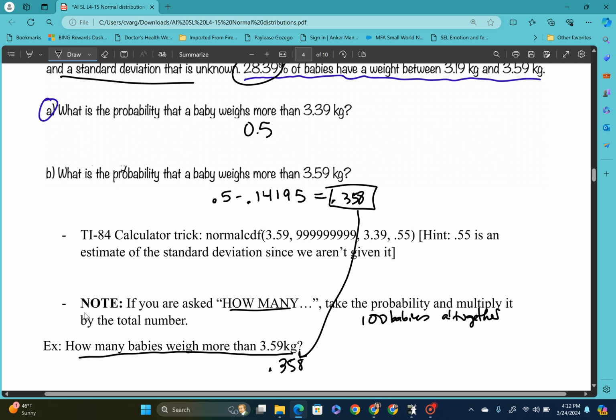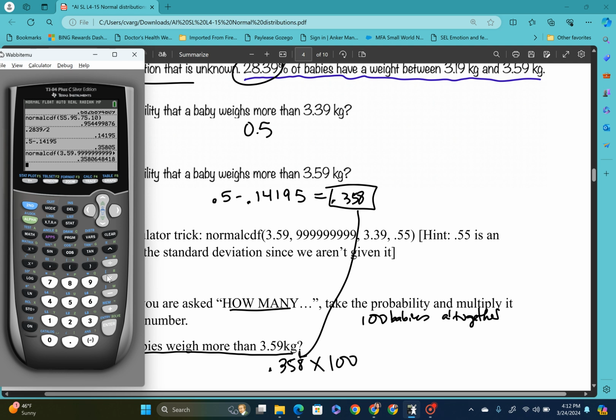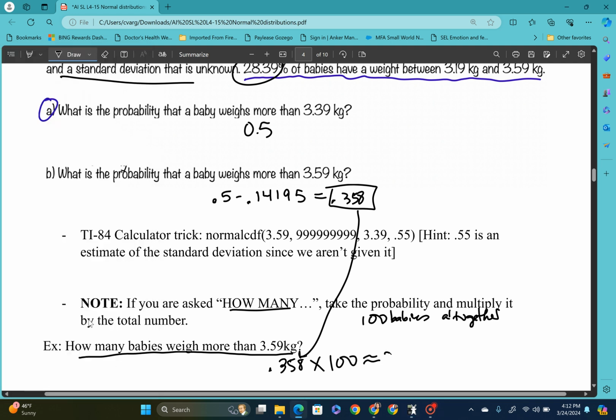If I said how many babies weigh more than 3.59, we have to do 0.358 times 100. I can take my calculator and do that pretty simply. Times 100 gives us almost 36 babies, so this is 35.8 babies that weigh more than 3.59 kilograms.